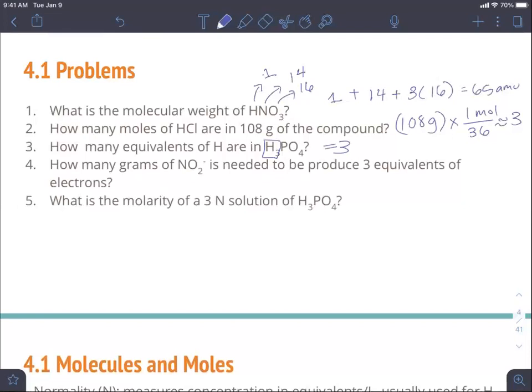And then how many grams of nitrate are needed to produce 3 equivalents of electrons? So 1 mole of nitrate produces 1 equivalent of electrons. So we need 3 moles to produce 3 equivalents.